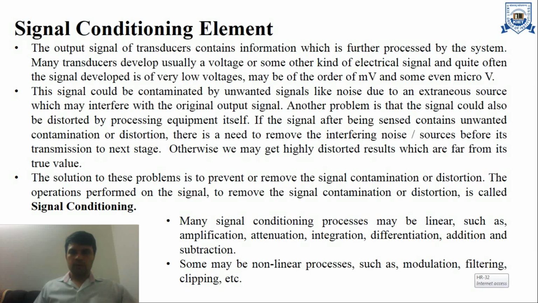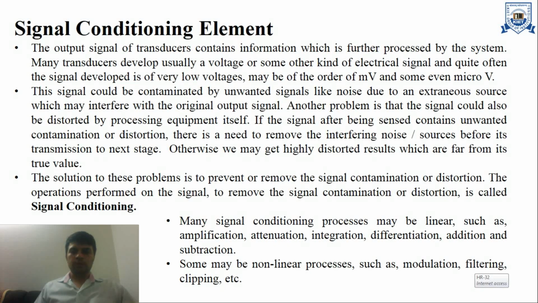While processing a signal, some noise is added into our signal from the environment. To remove these types of noise, we also use signal conditioning. The solution to these types of noise is to prevent or remove the signal contamination or distortion.